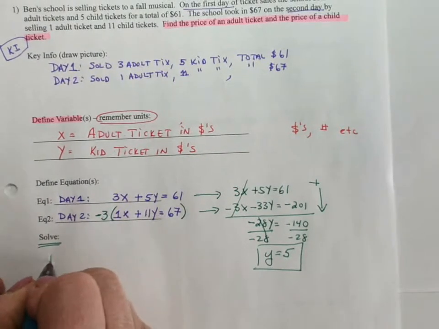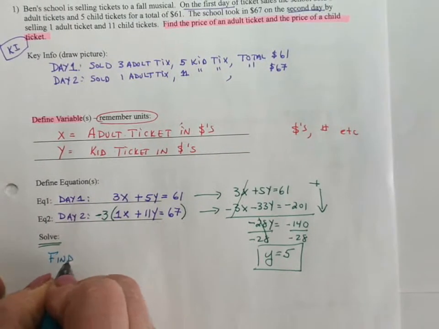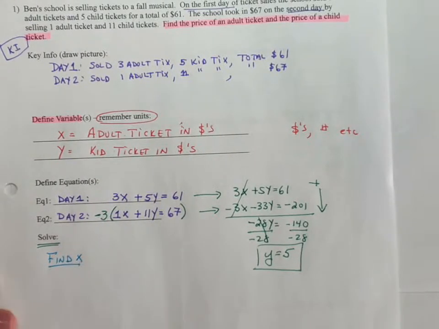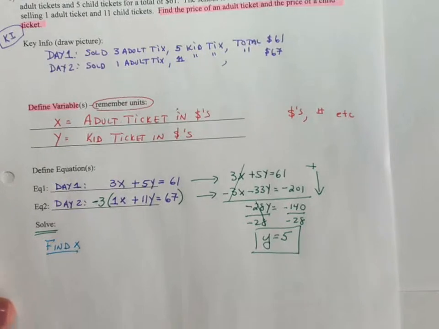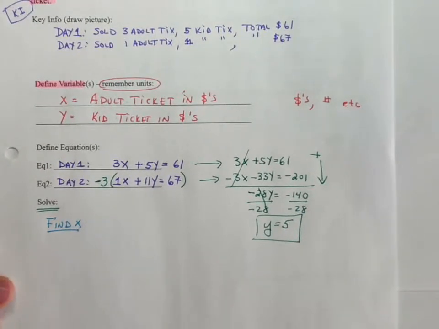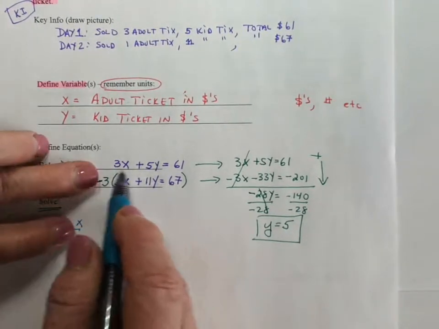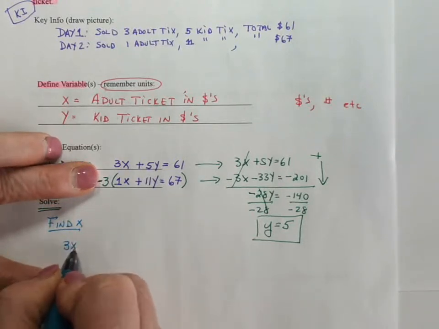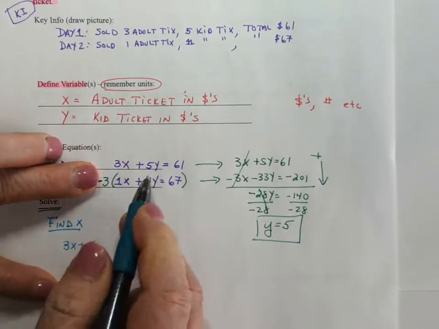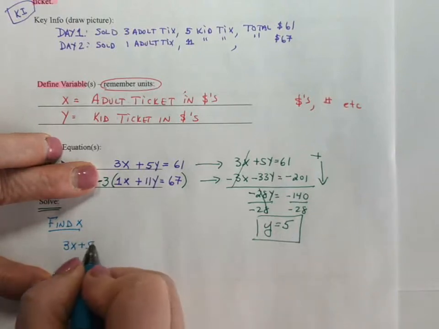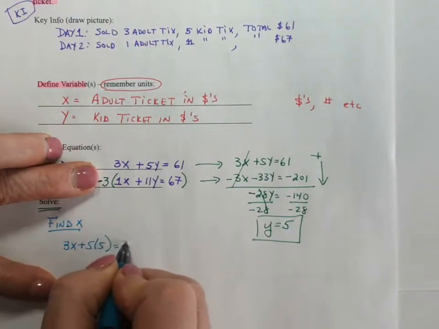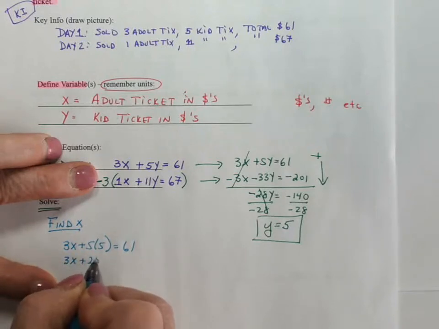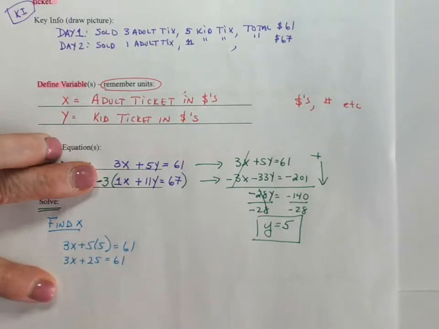Now I need to find x. So I'm going to pick the first equation. 3x plus 5, y is 5, equals 61. 3x plus 25 equals 61.